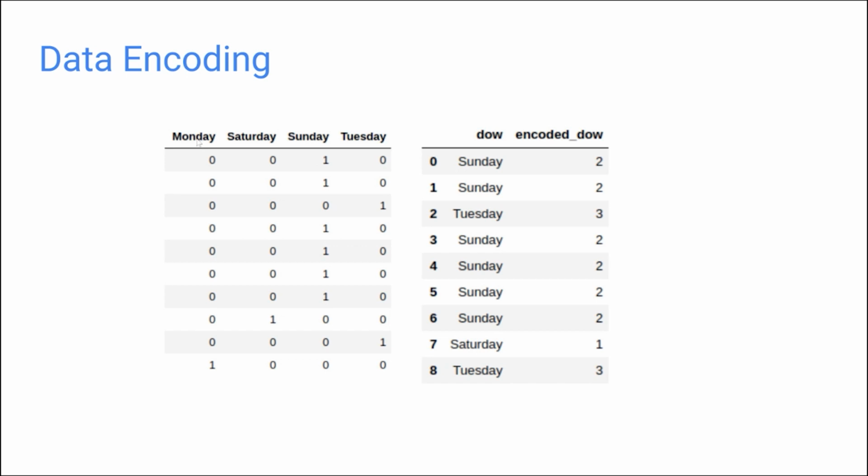On the other side, on the right table, those values were label encoded by giving them numerical values indicating their indices, or just mapped numerical values. So Sunday will be assigned 2, Tuesday 3, and so on for the other values.